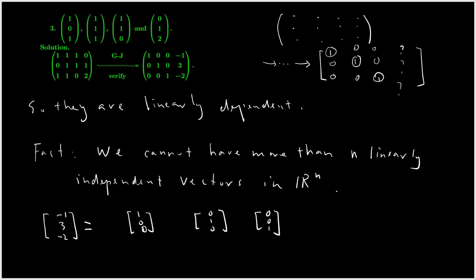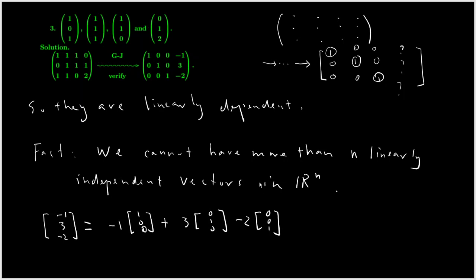Yeah, it's -1, 3, and -2. The first coefficient is -1, the second coefficient is 3, and the last coefficient is -2. You can check that the equation is valid for sure, right?